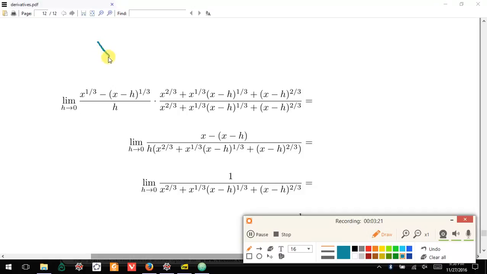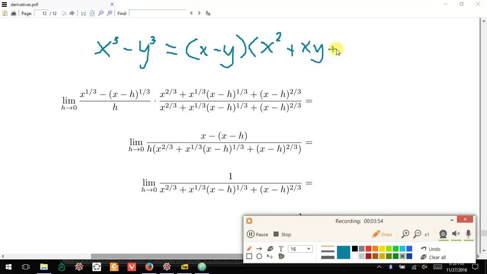So recall that the difference of cubes says that if you have a perfect cube here and a perfect cube here, that this is equal to x minus y, the underlying thing, times x squared plus xy plus y squared. So this is the factorization of perfect cubes.